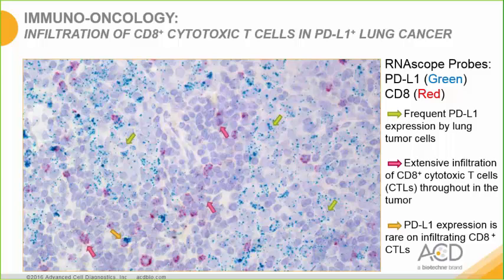The lung cancer cells express PD-L1 as evidenced by the green signal in the tumor cells with larger nuclei. Scattered throughout the tumor are CD8 positive cytotoxic T cells marked by the red signal, most of which do not co-express PD-L1. However, there are occasional cytotoxic T cells with PD-L1 co-expression, indicated here by the orange arrow.